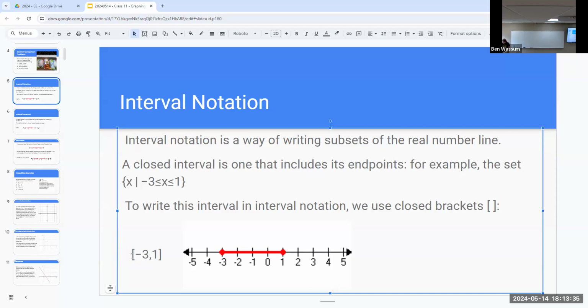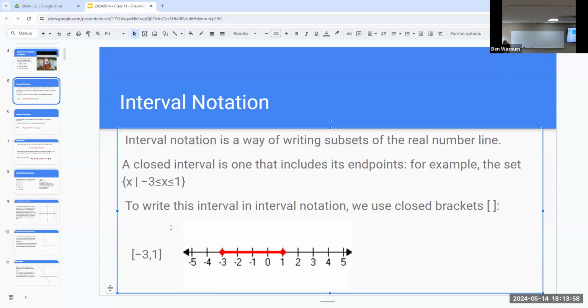So interval notation is written in this way. You always have whatever your symbol is to start your interval, the left endpoint, comma, the right endpoint, and then whatever symbol we need. So here we have a closed interval, which means our symbols are going to be just brackets.